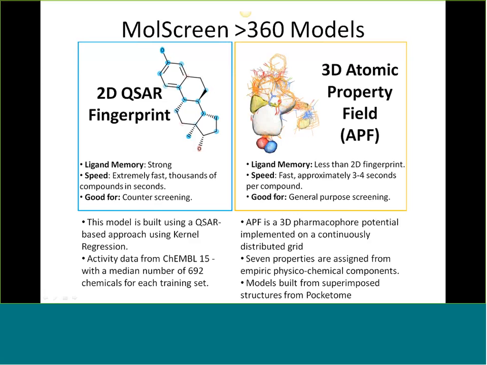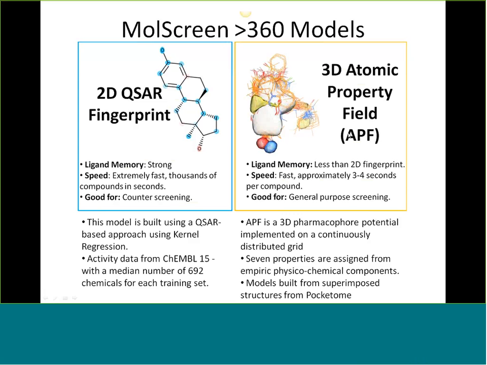The fingerprint model is built using a kernel regression method, based on the Chemical version 15, and there's approximately 692 chemicals per model. The APF, the 3D models, use atomic property fields, which is a 3D pharmacophore potential implemented on a grid, and I can send you Max Totrov's paper on this method if you'd like to read it more.